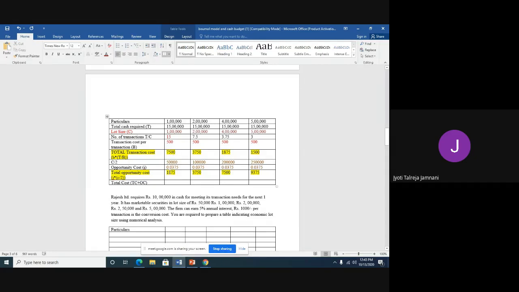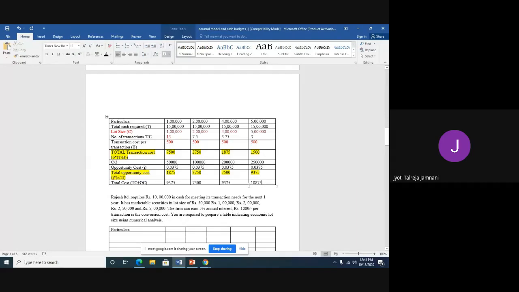If I add these two, I'll get the values of total cost. 7,500 plus 1,875, how much do you get? 9375. 3,750 plus 3,750, 7500. 1,875 plus 7,500, again 9,375. And the last one, 9,375 plus 1,500, 10,875. Now you have all the total costs.